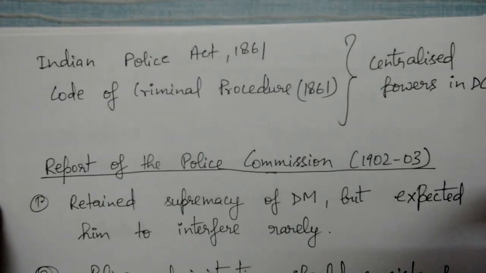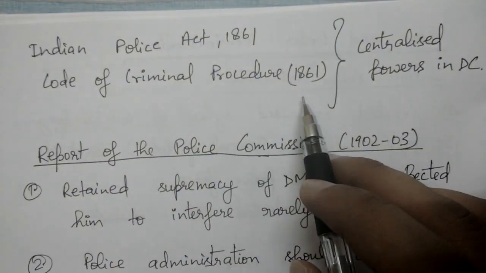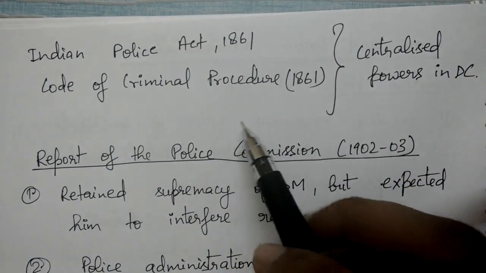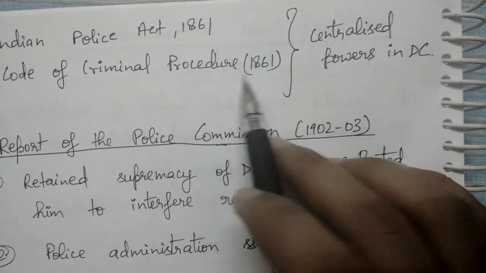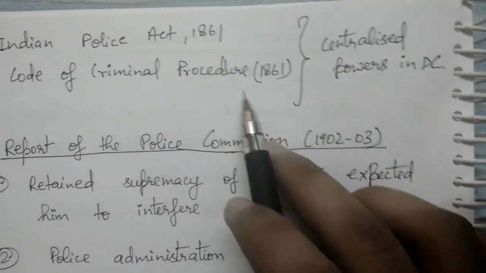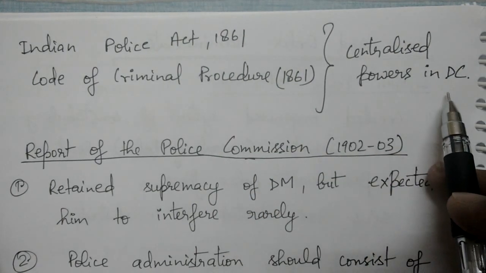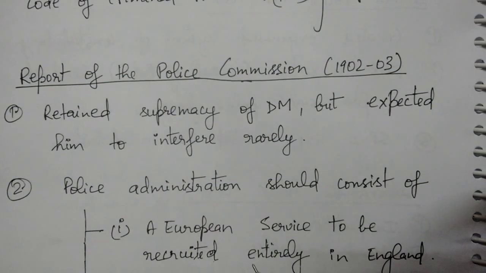Okay, then coming to the Indian Police Act 1861 and the Code of Criminal Procedure 1861. These are some of the acts which are really important, and you should always write them. Although they were made for the police system, they still centralized more powers in the district collector. So the district collector became almost more powerful.